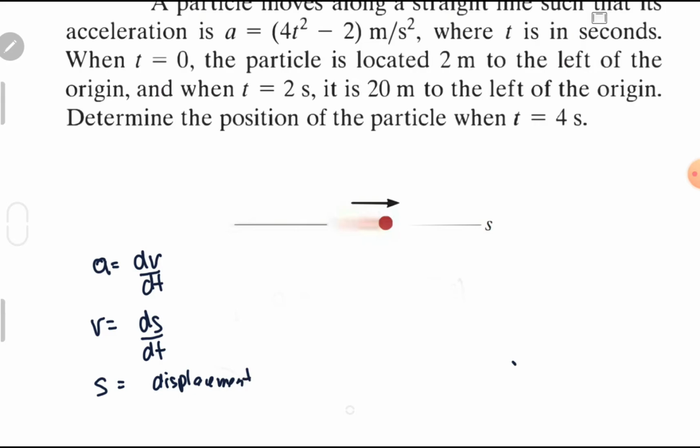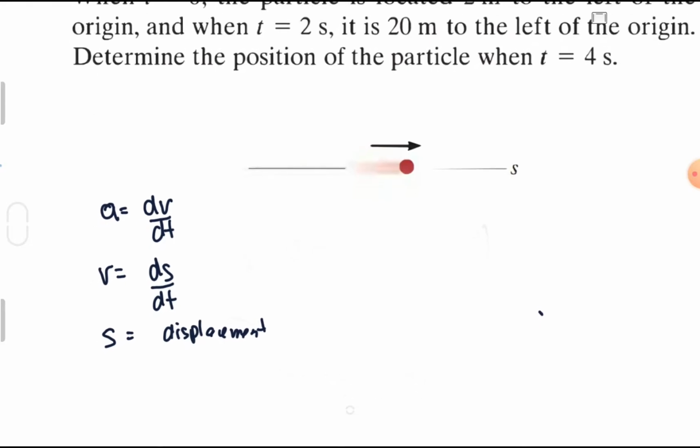So the problem is that we are to determine the position of the particle when t is equal to 4 seconds. So determine the s at t equal to 4 seconds. So how will we solve this one?